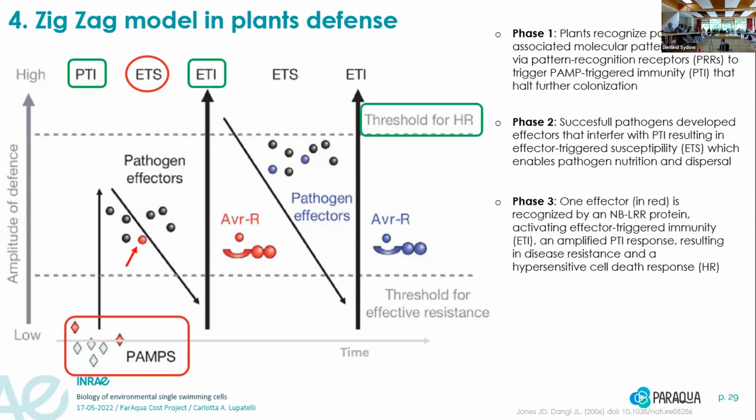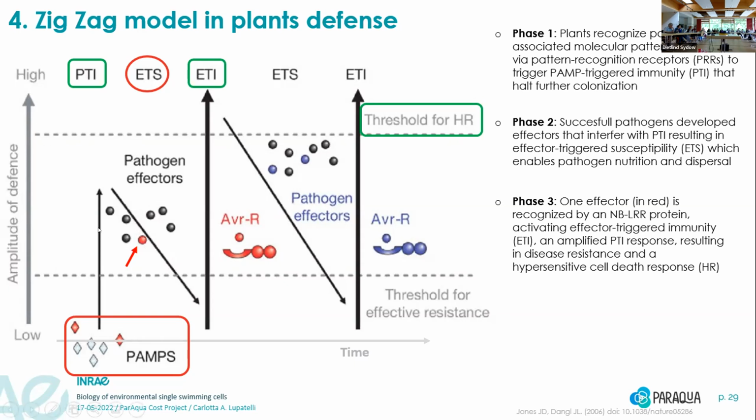But again, evolution not only helps the bad guys, but also the good ones, the plants. Because during evolution, plants were also able to recognize one specific effector developed by the pathogen.